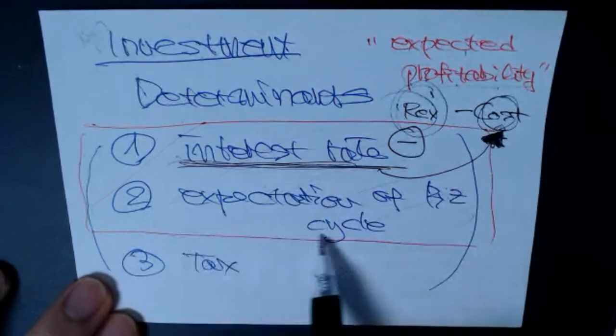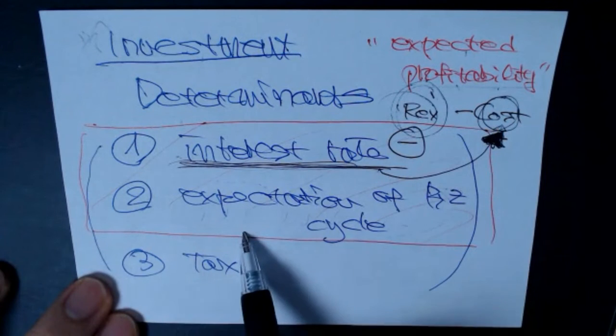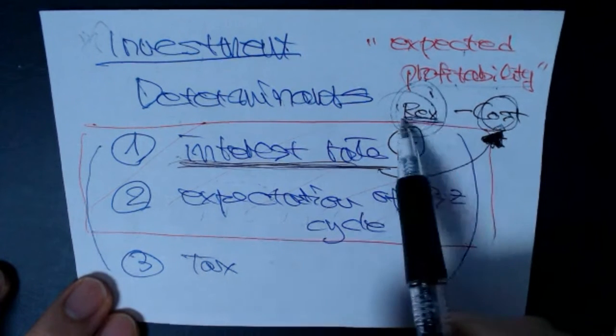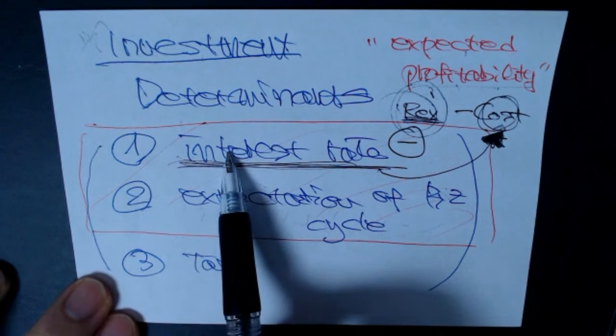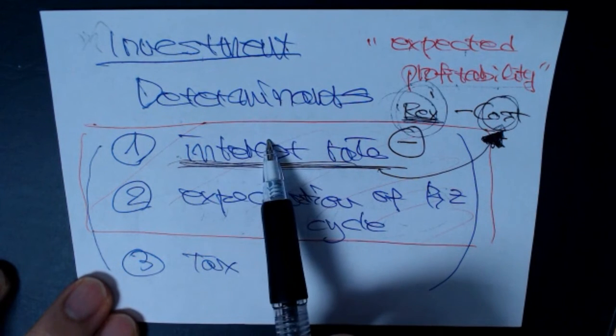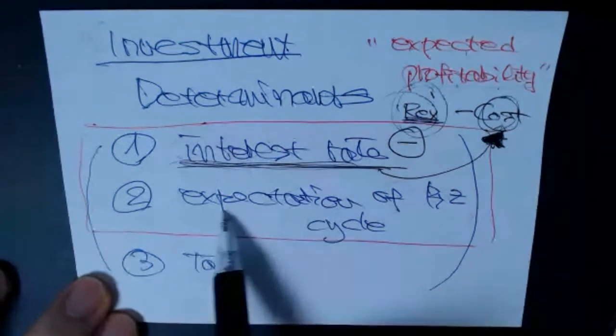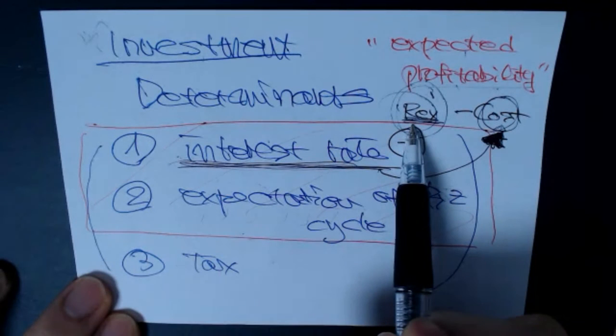What about the expectation of the business cycle? This one is here too: revenue. Even if the economy has a higher interest rate, but everyone expects that the business cycle will be good, then your expected revenue and profitability will be higher.